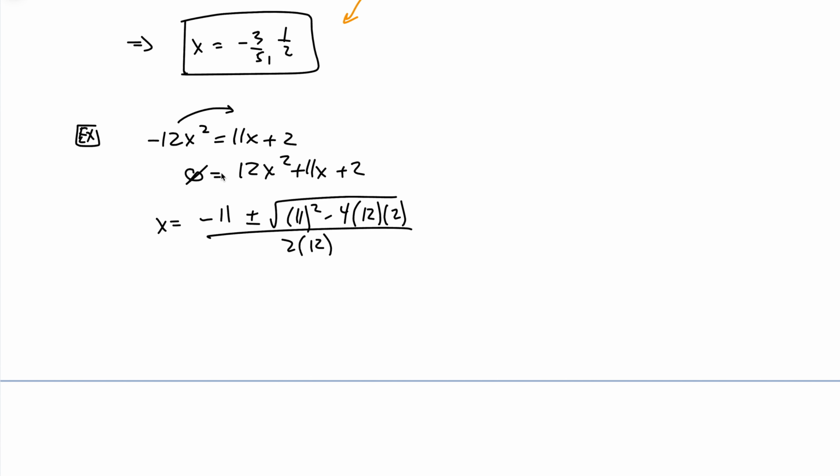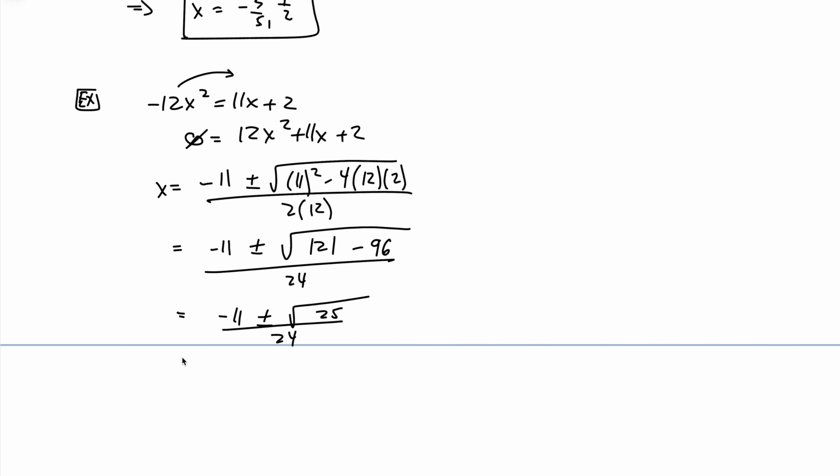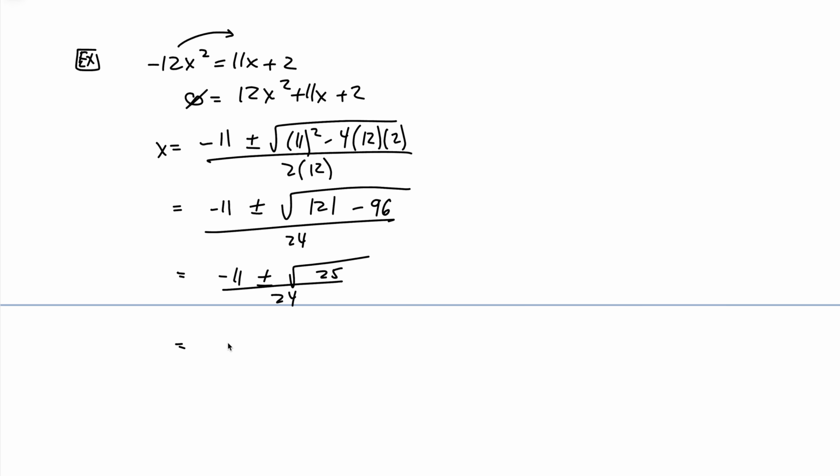Again, we should know what a, b, and c are just from looking at this after we've done a couple of these. So we get negative 11 plus or minus the square root of 11 squared, 121, minus 4 times 12, which is 48, times 2 would be 96, all over 2 times 12, which is 24. Keep simplifying: negative 11 plus or minus the square root of 121 minus 96, which is 25. Therefore, negative 11 plus or minus 5 over 24.